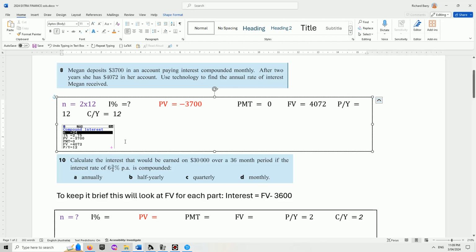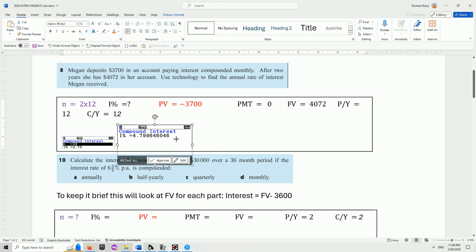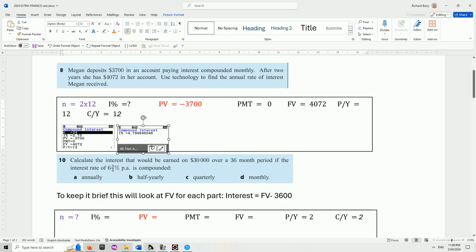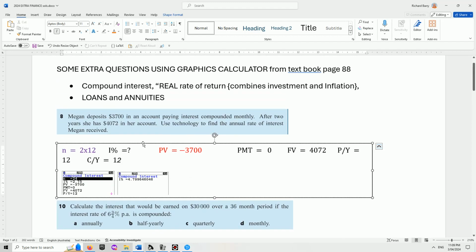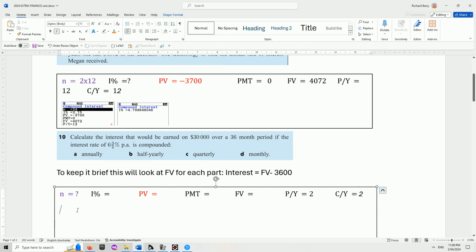So the answer to this question is 4.79% interest. So on the graphics calculator, the idea is to go through the question. Please highlight where you're going to put your numbers and then use the button to find what's required.